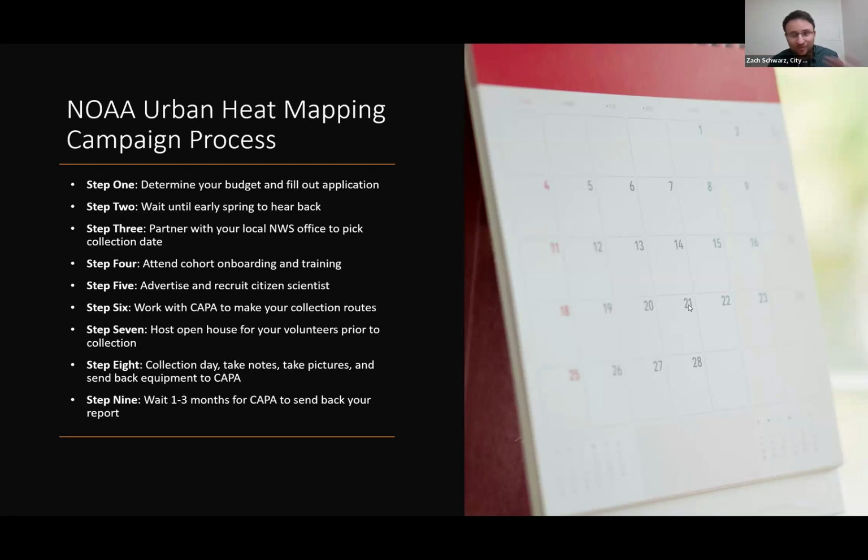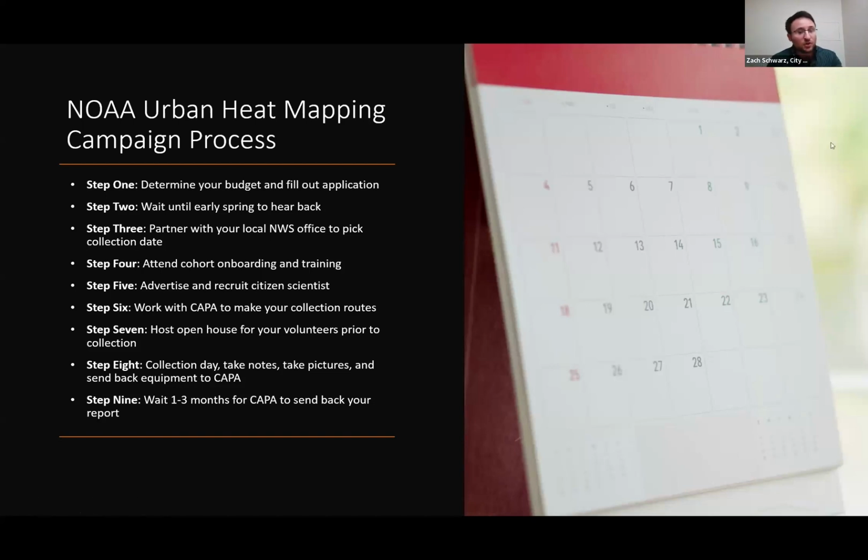So if you have $5,000 to throw at this, they might be able to fill in that extra 10,000. So just because you don't have the full 15,000 doesn't mean you're going to be completely disqualified from participating. But if you do have the budget, which we did, I kind of look at it as we are both doing this campaign for us and leaving that extra 15 grand of that backup money from NOAA for another community.